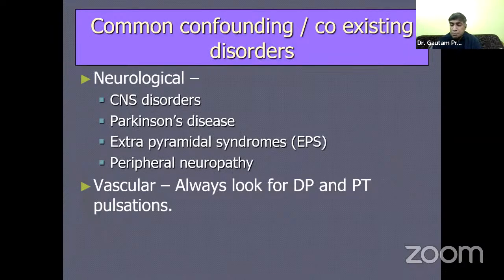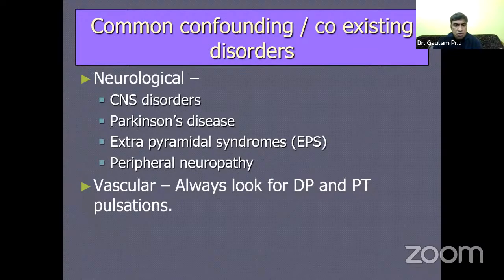Many times Parkinson's or other extrapyramidal syndromes coexist, and at times they might even be the leading cause of the patient's disability. So if you are in doubt, don't shy away from taking help from a neurologist. We need to rule out all this before we plan definite management for this patient.